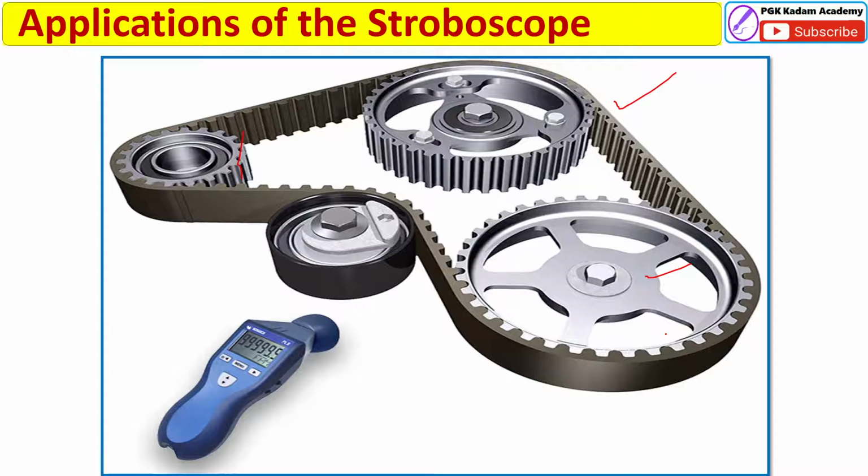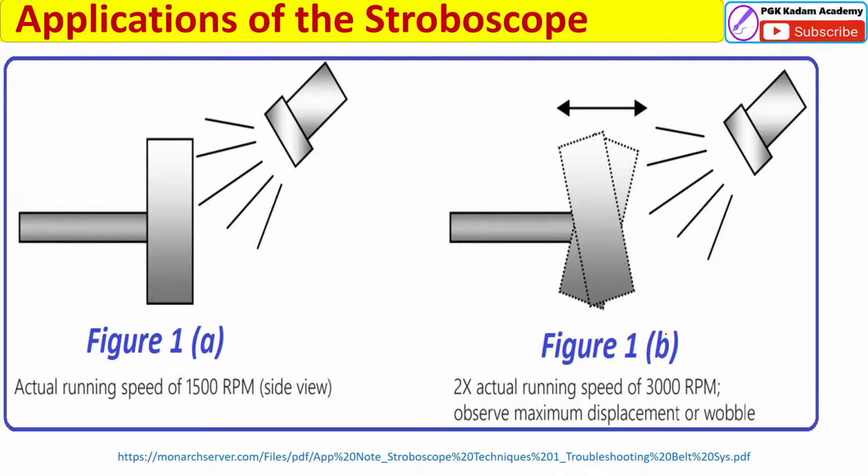See here, this is another example of the application of the stroboscope for a belt drive. Here the shaft is running at a speed of 1500 RPM. Due to the misalignment, when the actual running speed comes to 3000 RPM, we observe maximum displacement of wobble.